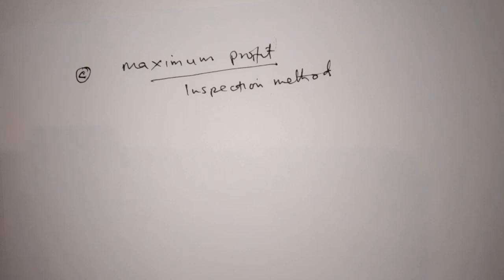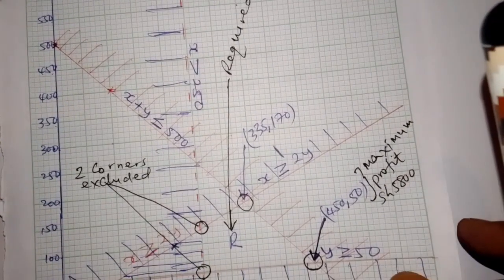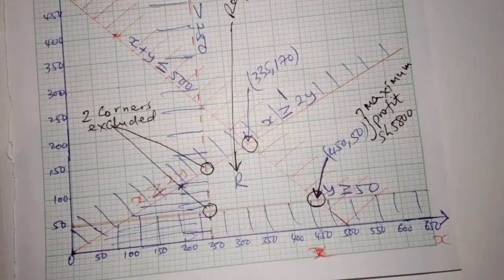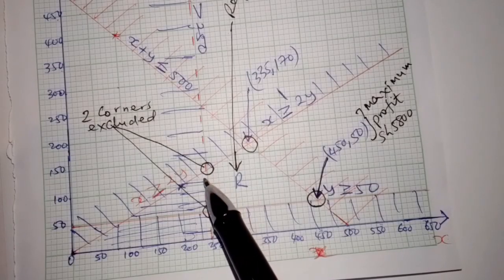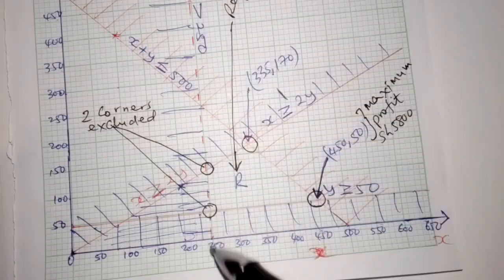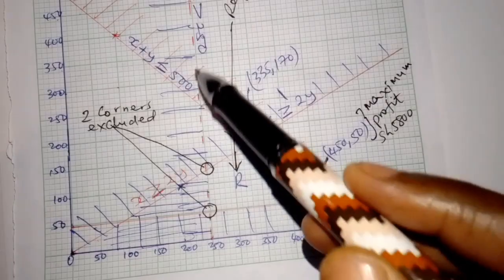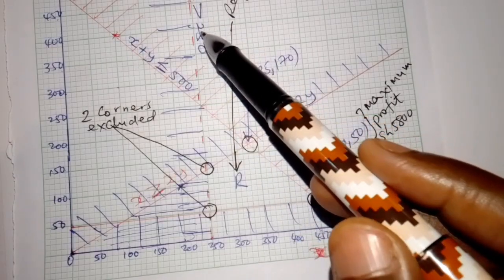We are going to exclude two corners. We are going to exclude this corner here and this corner here, passing through the broken line, that is X is greater than 250.